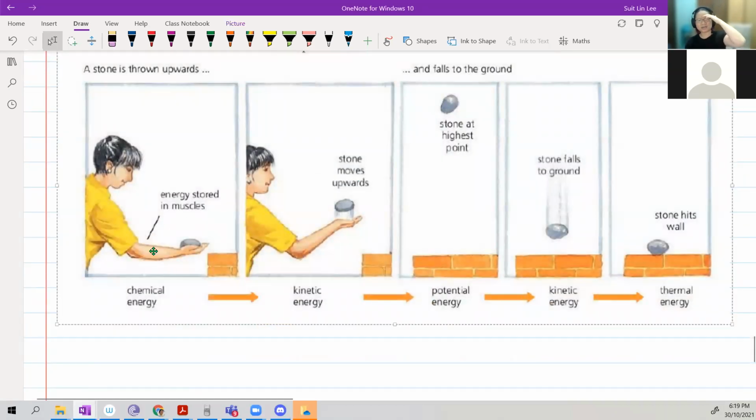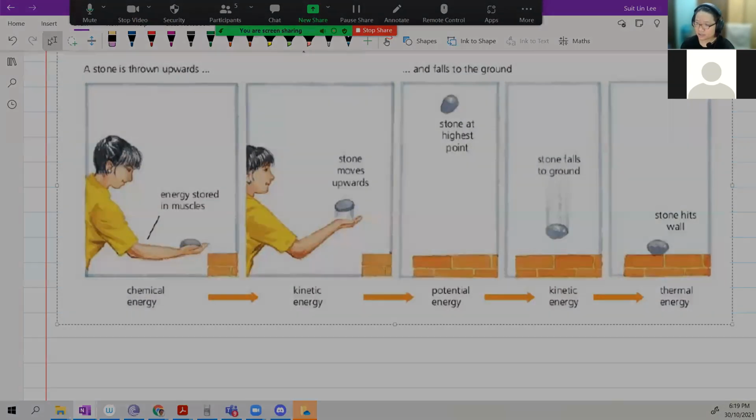So you have chemical energy in the muscle, and then the stone moves upwards, so it becomes kinetic energy. And then the stone at the highest point becomes potential energy. The stone falls to the ground, goes back to kinetic energy, hits the wall and will vibrate. The vibration is thermal energy.